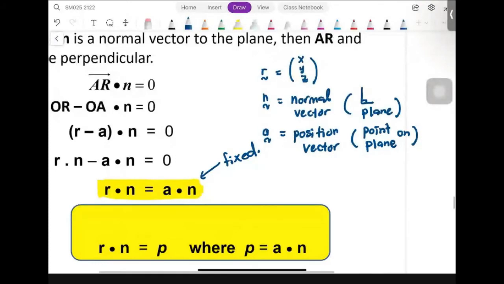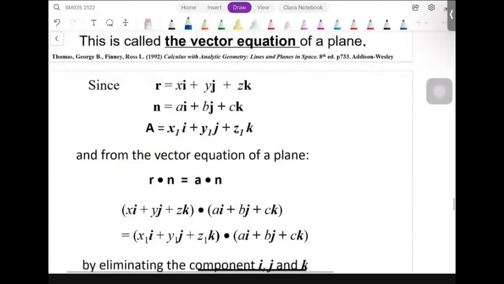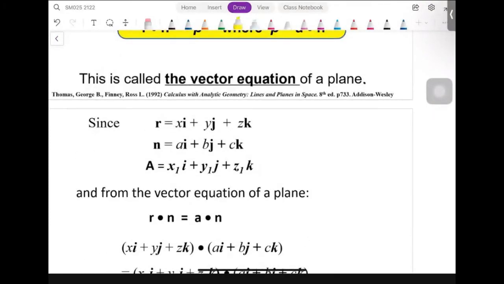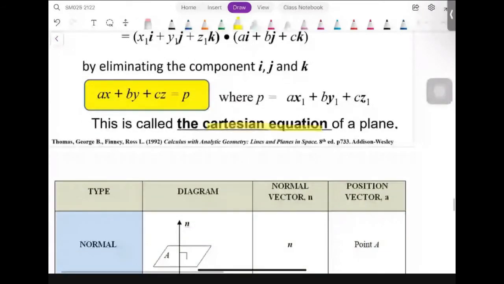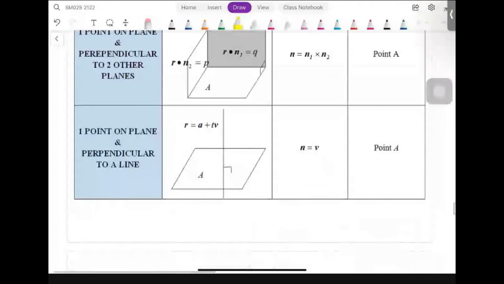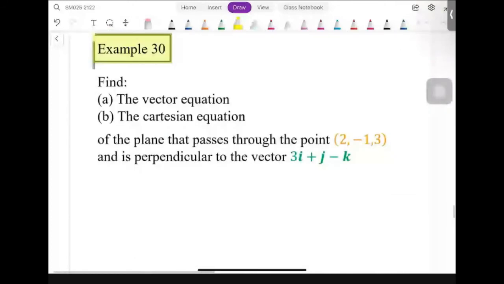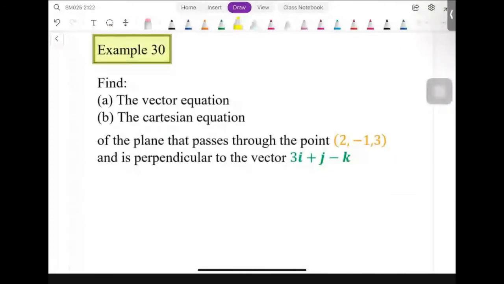So for equation of plane, we would have two different type. First one would be vector equation and then second one would be Cartesian equation. Dia ada dua je. Kalau line, we have three: vector, parametric and Cartesian. But then for plane, we only have two different types, vector equation and Cartesian equation.